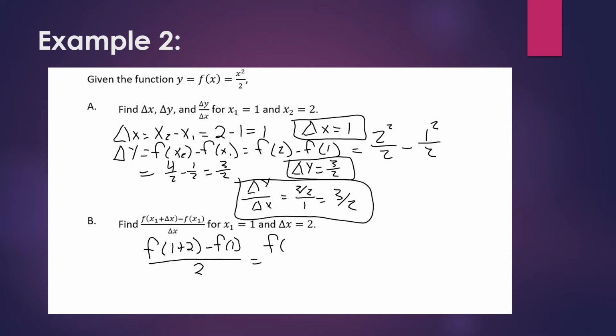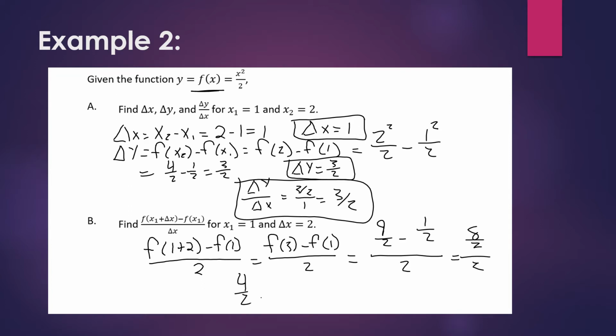So this is f of 3 minus f of 1 divided by 2. So f of 3 is going to be 3 squared over 2. I'm just plugging into the function at the top. So this is 9/2 minus 1/2 all over 2. So 8/2 over 2. Well, 8 over 2 is 4, so I'm going to get 4 over 2, which is 2.